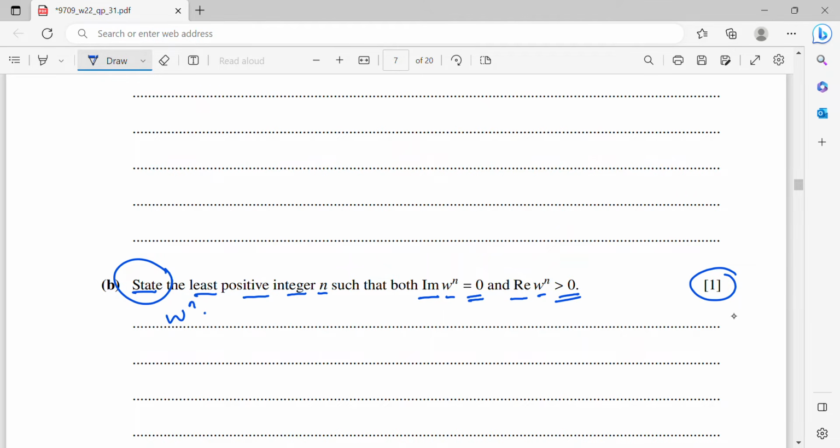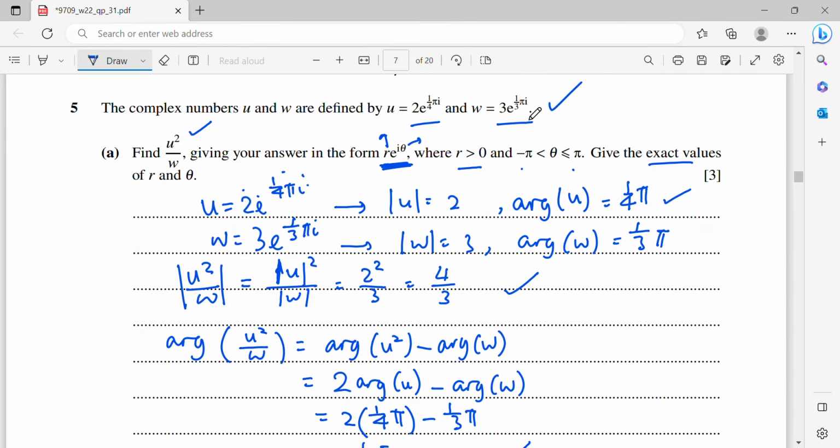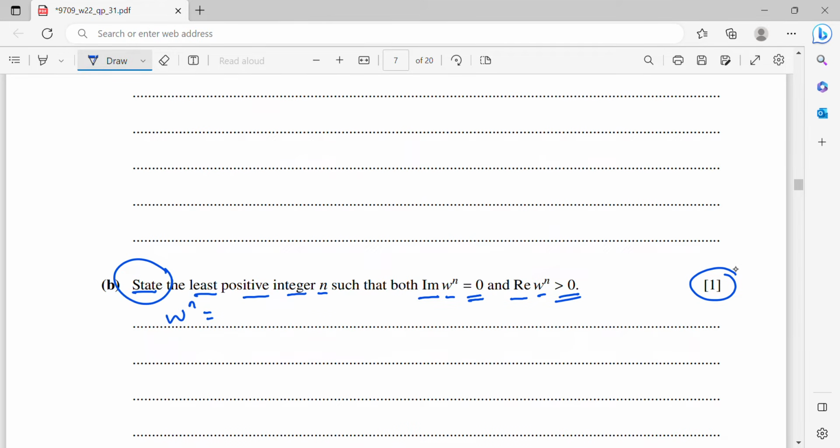Firstly, write down w^n first. Your w is 3e^(1/3 πi), so 3e^(1/3 πi) to the power n. Then based on the idea from the first part, we know that if you consider the power n of the Euler form, the new modulus is going to be to the power n, and the argument is multiplied n times, or you add it n times.